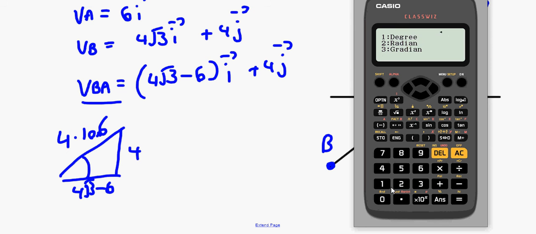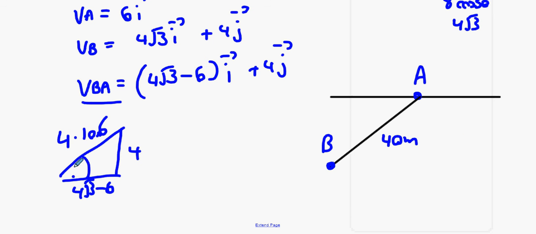Angle unit, degree, shift, tan inverse 4 divided by 4 root 3 take away your 6. And we got 76.936. I don't like it when it's dead center and you round up too much, so I'll go to 3 decimals in cases like that. So the angle is 76.936.